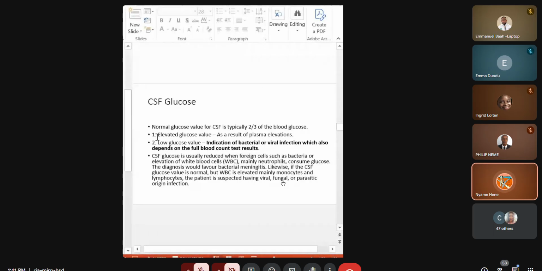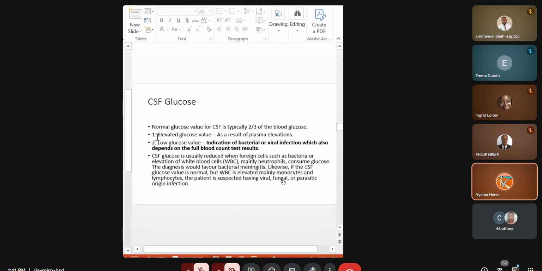So when you do the CSF and realize that the glucose is low, you have to do a full blood count to correlate with it. You have to do it in combination with the full blood count, and you realize that your WBC level is high.